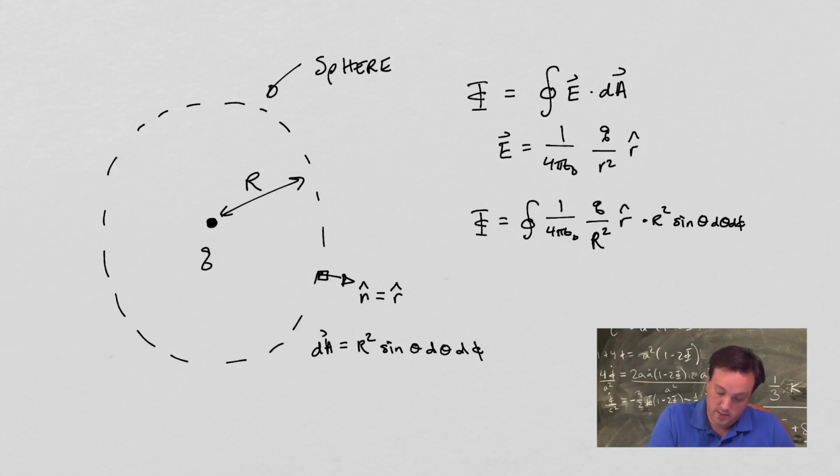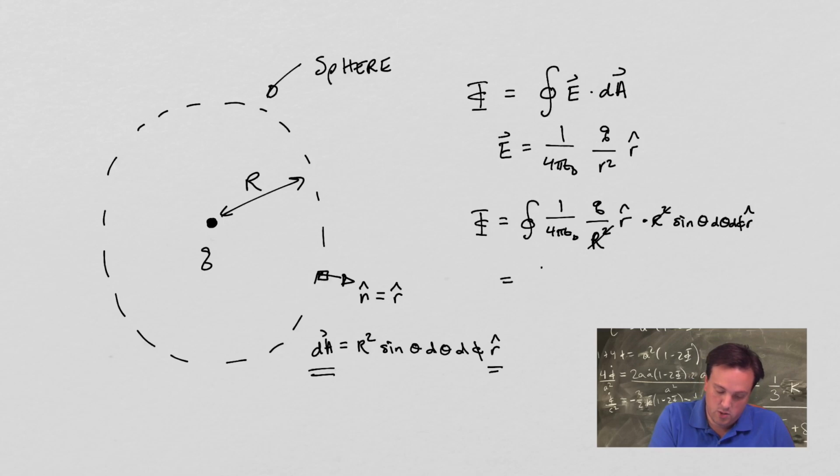And of course, I should take a point off my lecture here because my dA, as I wrote it here, has a vector symbol. So I need a vector symbol over here, and that's an r hat times r hat. And now most of these are just constants in terms of vectors, right? I get a little bit of simplification from the r squared.